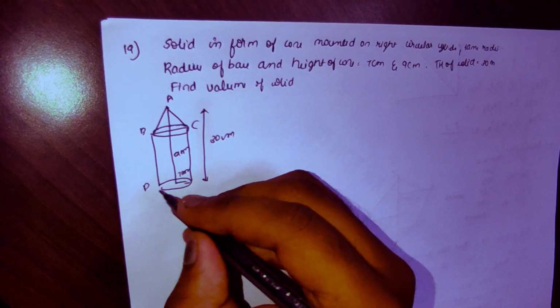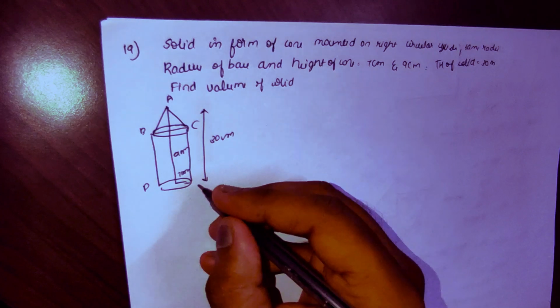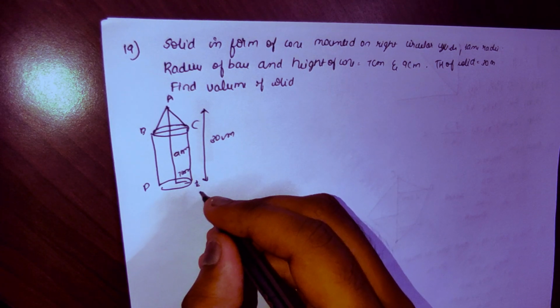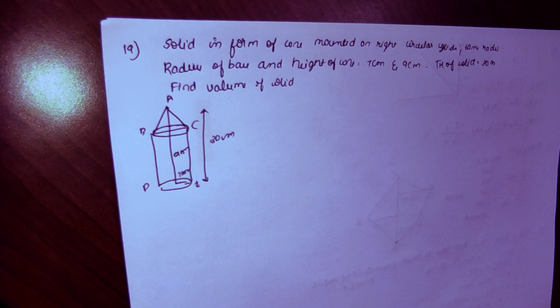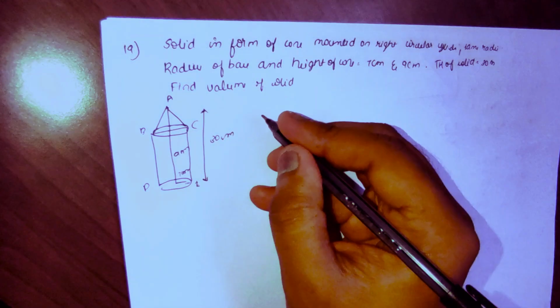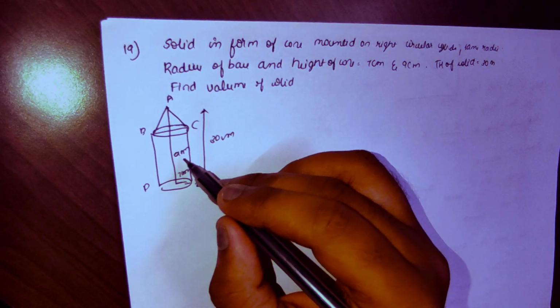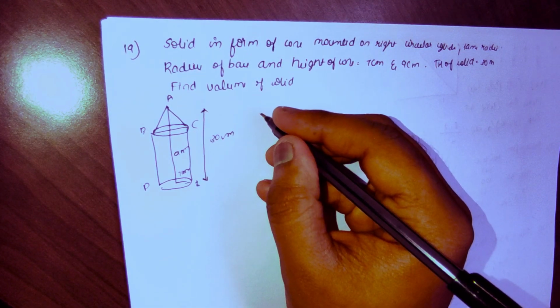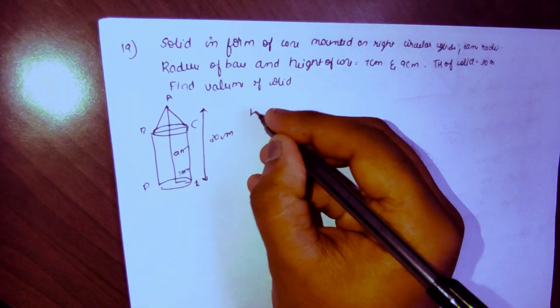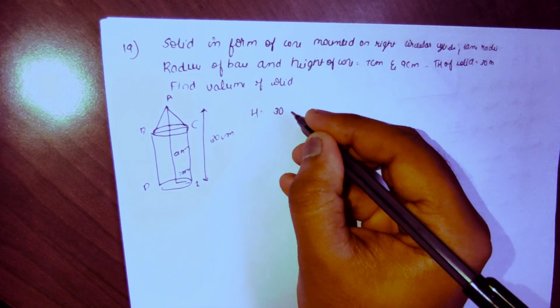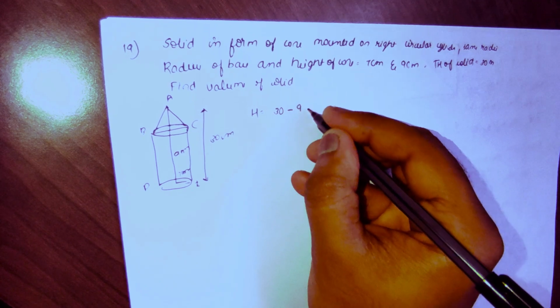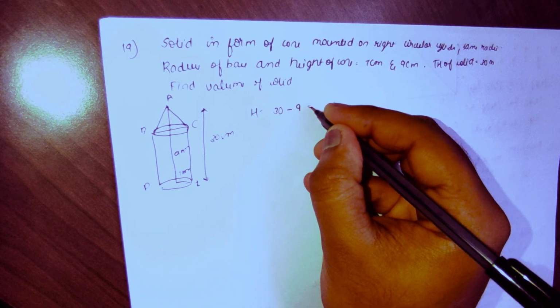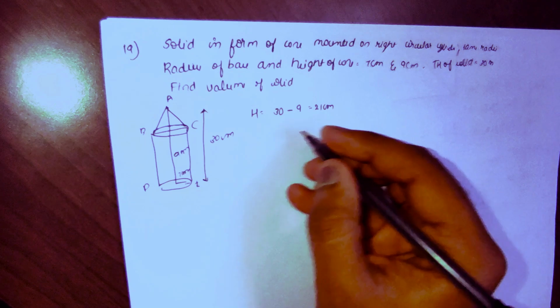Consider this as ABC, and this as D and E. The height of the cylinder, we know the radius of the base and height of the cone, that is 7 cm, 9 cm. So height of the cylinder h is equal to total height 30 minus 9 cm, that is equal to 21 cm.